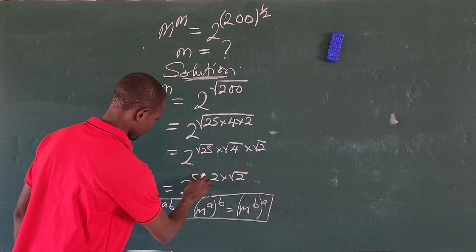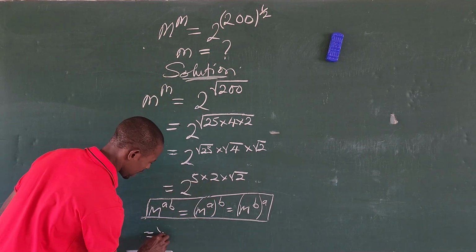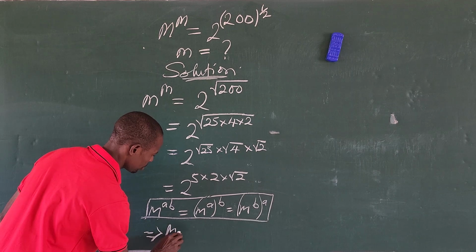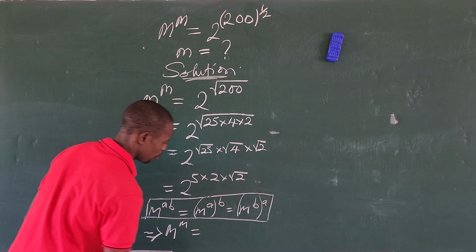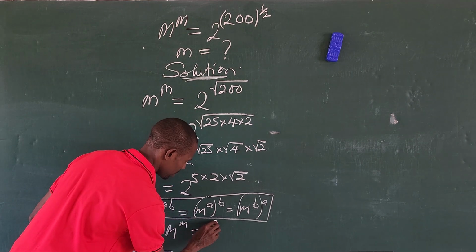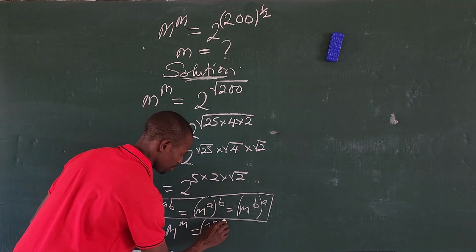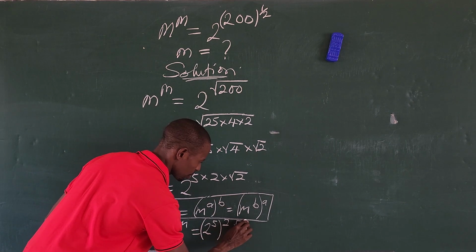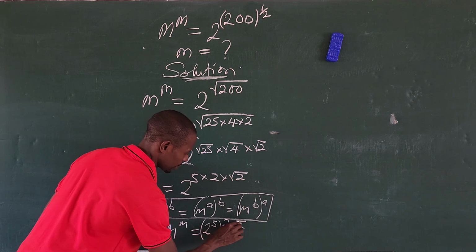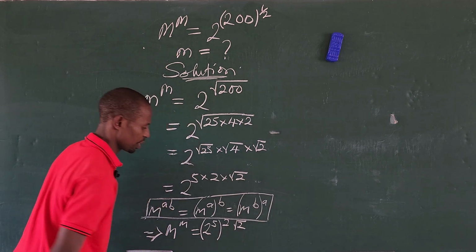This implies that m to the power of m equals 2 to the power of 5, in brackets, raised to 2 root 2.